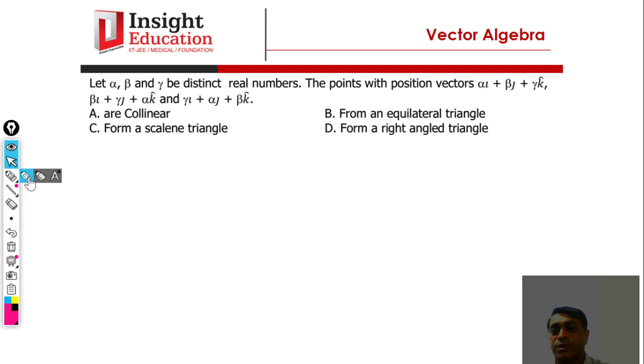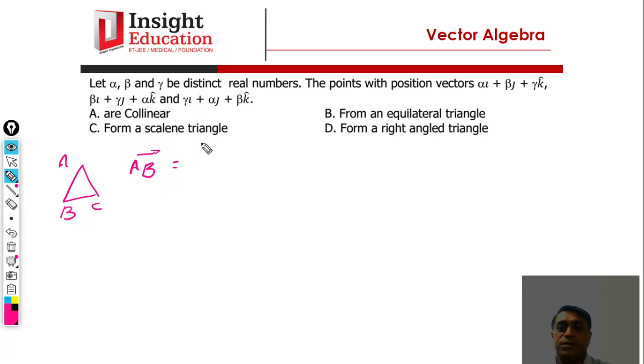So if I want to consider the triangle, suppose I say A, B, C. For that, first I have to find AB, BC and AC. AB is equal to OB minus OA.